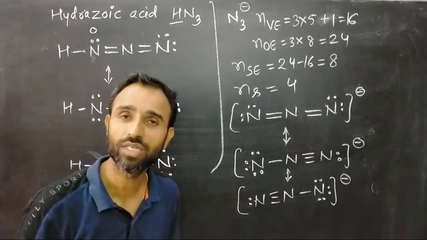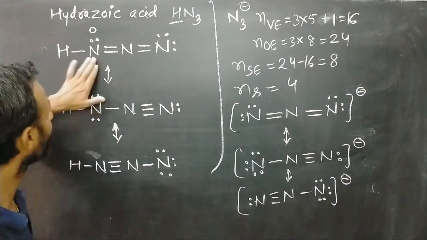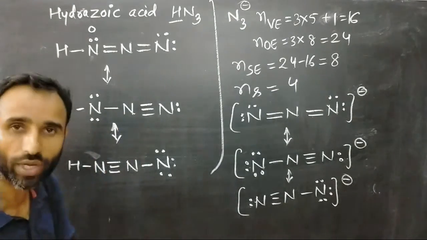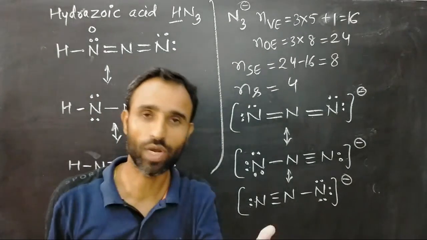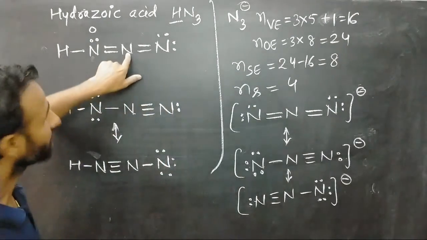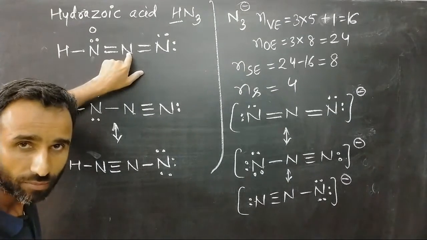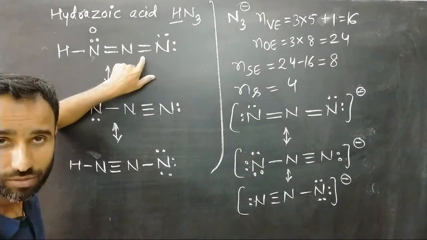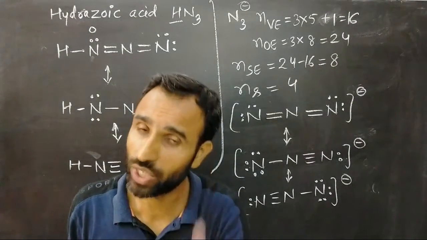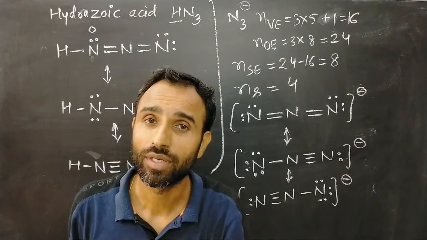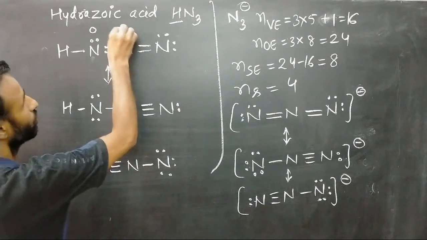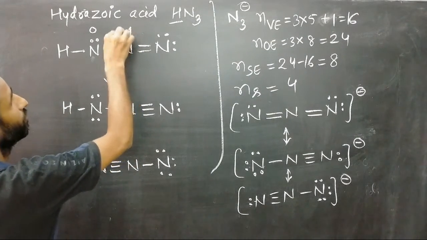Total 8, that means it's okay, no electron to gain or lose to complete its octet. This nitrogen has 5, 4 are shared. So it should have 9 electrons. That is not possible. That means it loses 1 electron, so it has plus 1 formal charge.